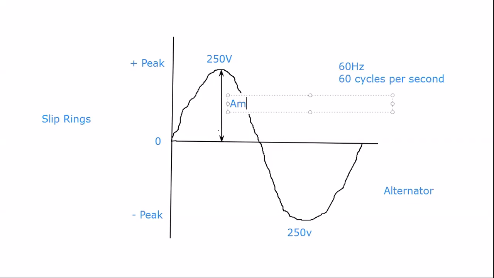Now, the distance between the peak and the base, this particular distance right here, is called the amplitude. Amplitude of a wave is the height of the wave.